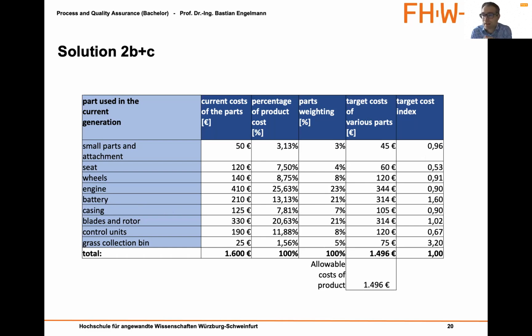The target cost index is not absolutely necessary because we can work with the costs already. We will need the target cost index later on in a little diagram, which graphically displays what we have to do for our components.